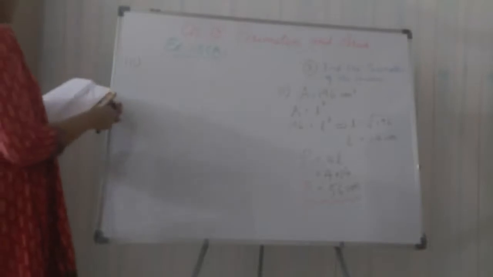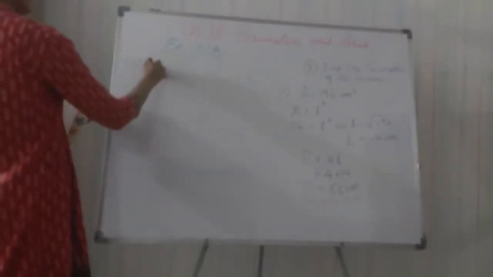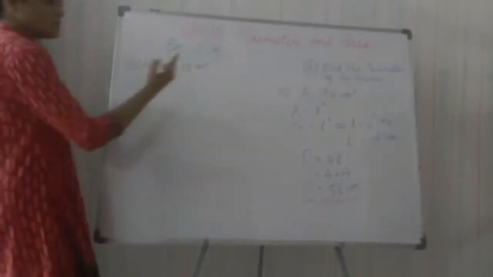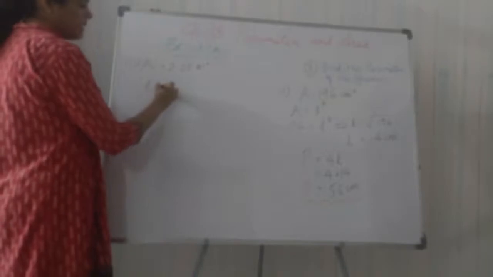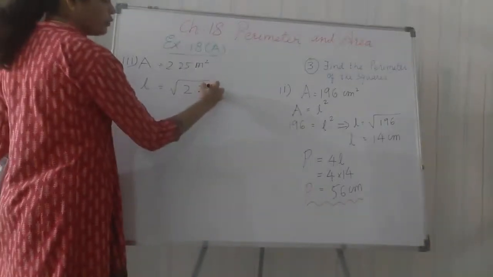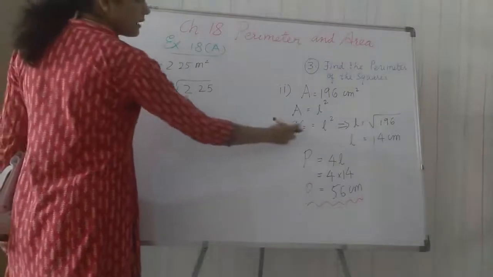Now I will solve the third one, in which we have area as 2.25 meters square. This is the area given to us. The same way, to get my length here, I will take the square root of 2.25. See, I am using this direct method here.